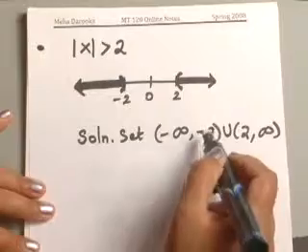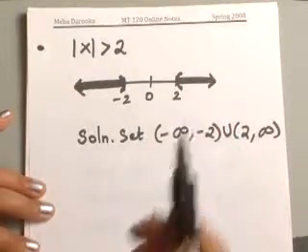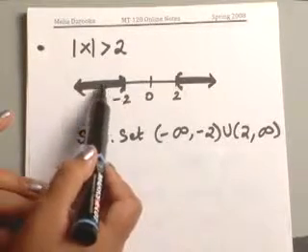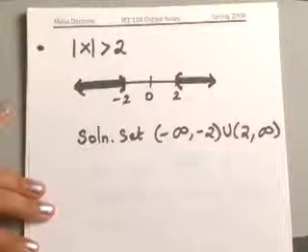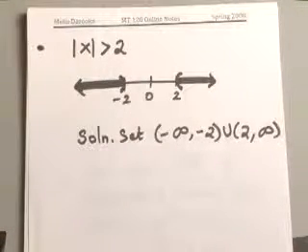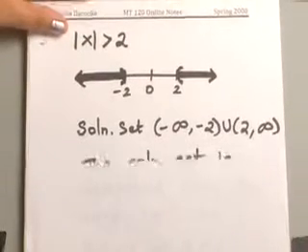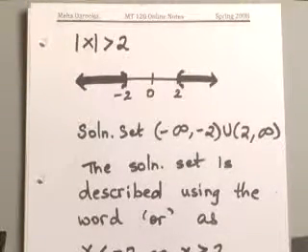And this says any number, you can have a positive 3, you can have positive 6. All of these numbers have a distance of greater than 2. On the negative side, you can have negative 10, and again negative 10 has a distance of more than 2. Now, we've talked about compound inequalities with the word or.